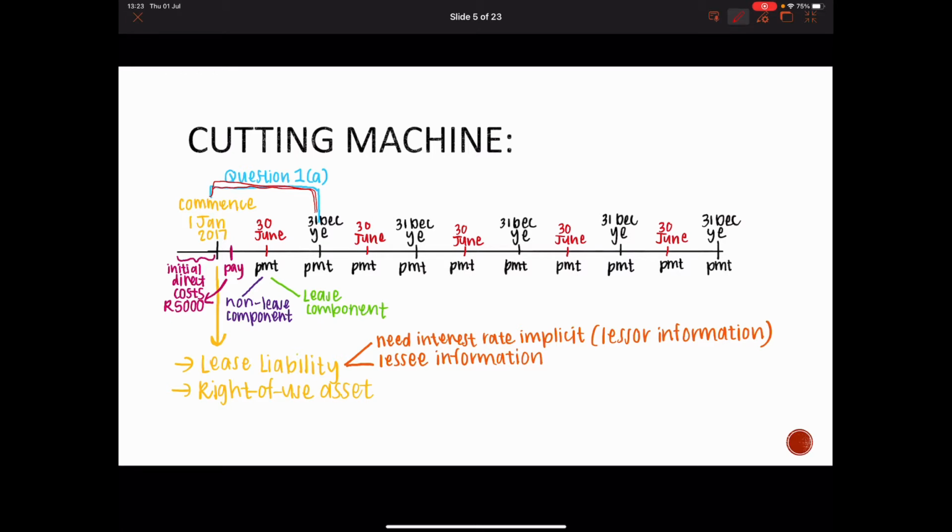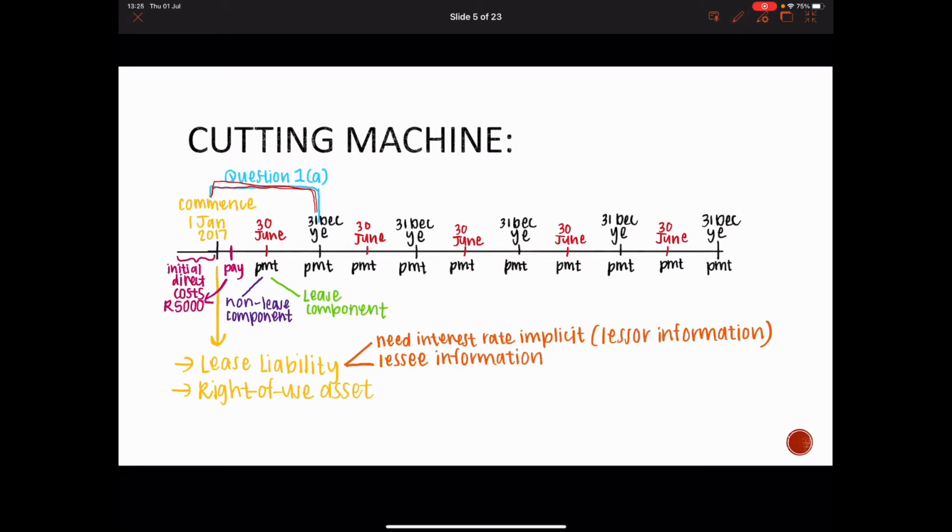And then also we know the lessee information is used to calculate the lease liability as well as the right-of-use asset. Also, the second payment of each year coincides with the year end, so we know we don't have any accrued interest, which makes the journals much easier.